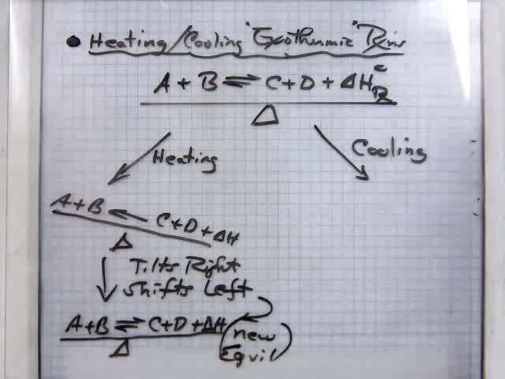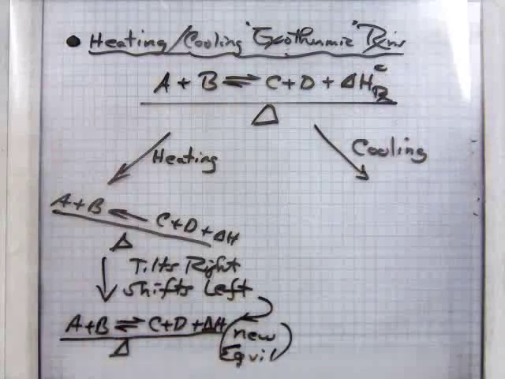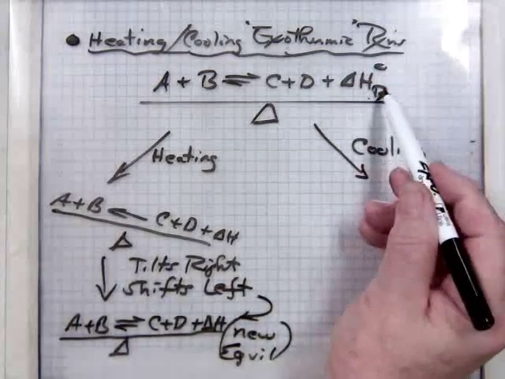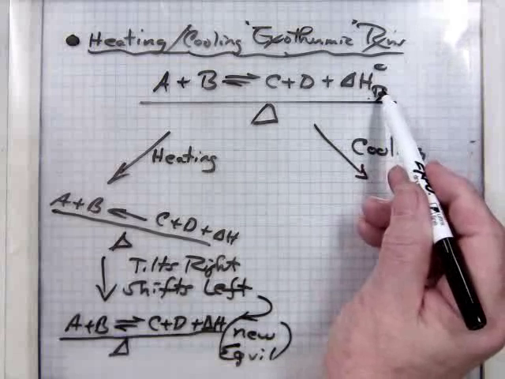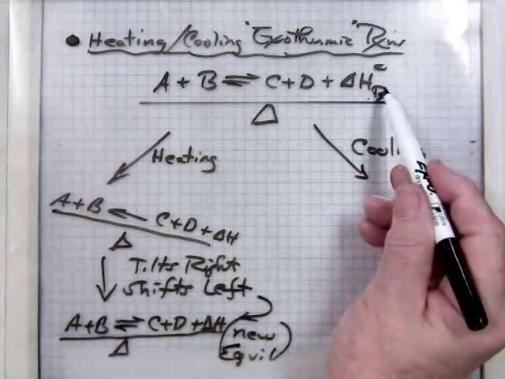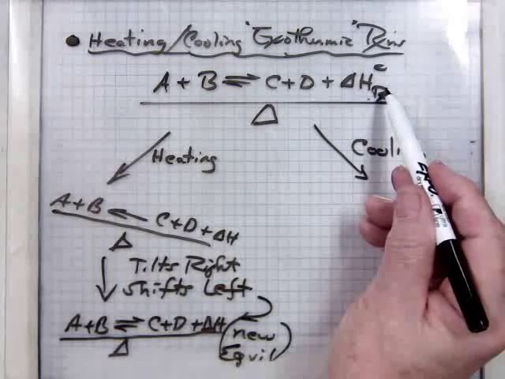So you'll notice that this is just opposite of what the endothermic reaction would do for heating, because we get the delta H number on the different side. And then if you cool it, we're removing caloric from the right side of the equation.